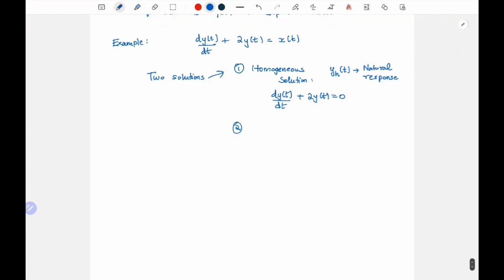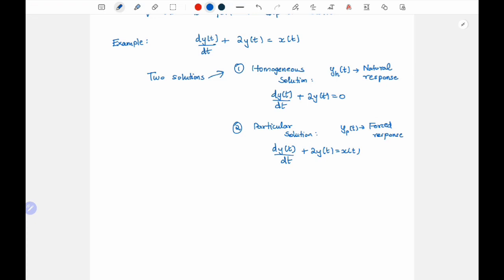And the other one is the particular solution. So this is for the case dy of t by dt plus 2y of t equal to x of t. And this is normally called the forced response, because the input is actually forcing this output.